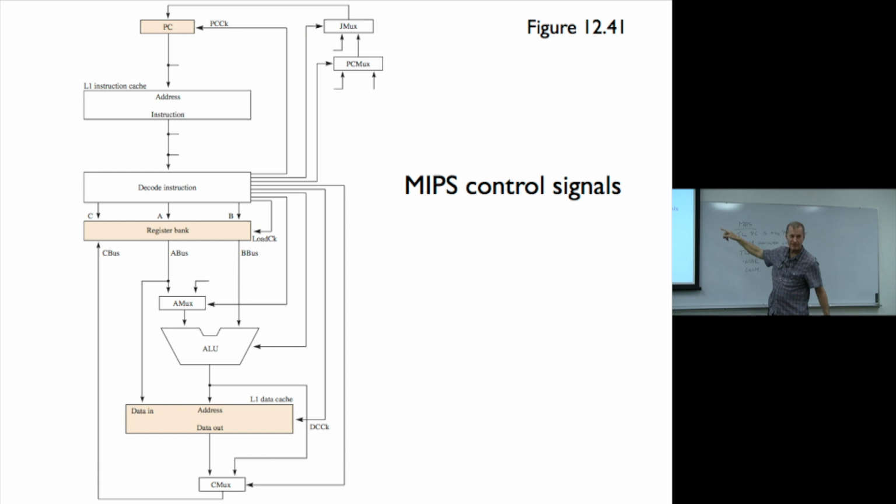And then the clock pulses: a line goes to the PC CK, the PC clock, a line goes to the load clock, and a line goes to DC CK, the data cache clock. And that's the origin of it.